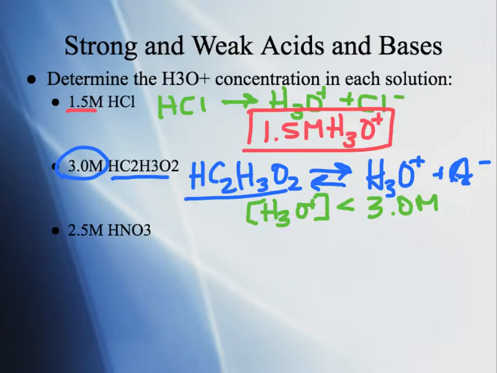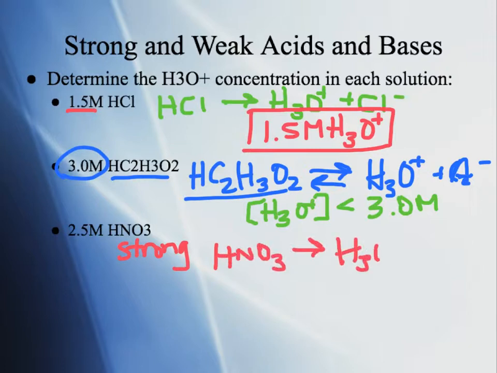All right, last one is this 2 molarity nitric acid. Nitric acid is a strong acid. It was listed under our strong acid ones. So that means that nitric acid, when we react it with water, is going to completely fall apart into the ions, hydronium ion, H3O plus, and a nitrate ion.